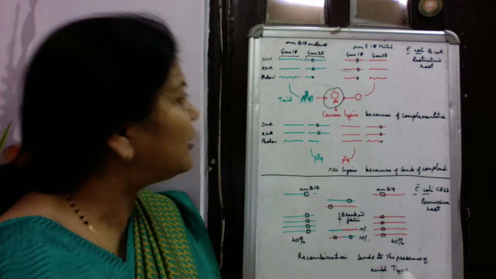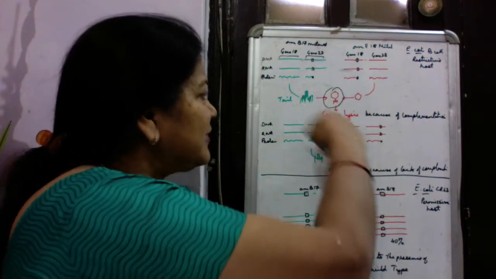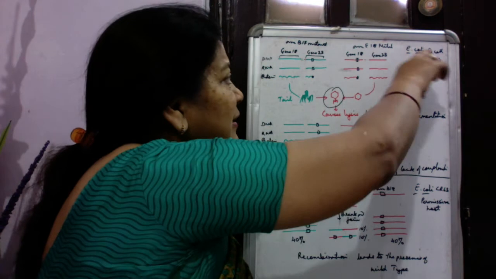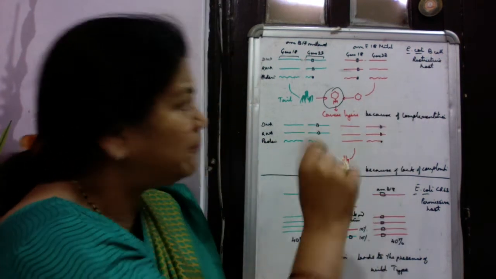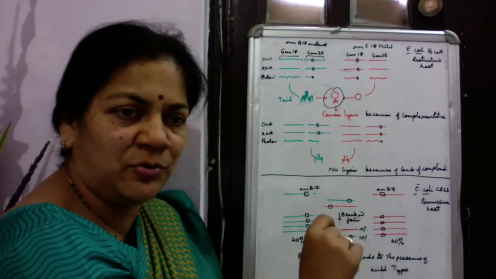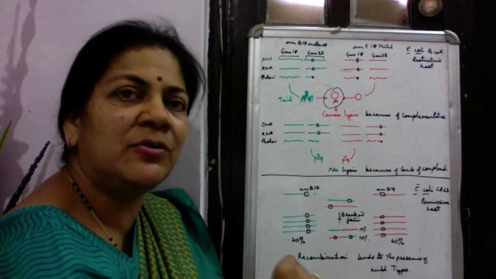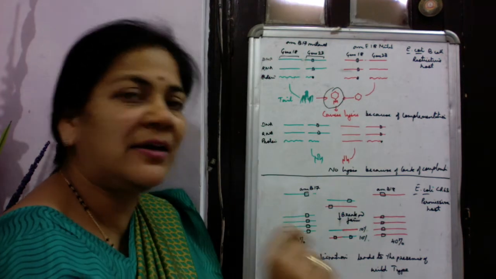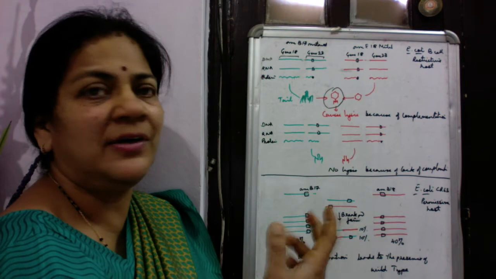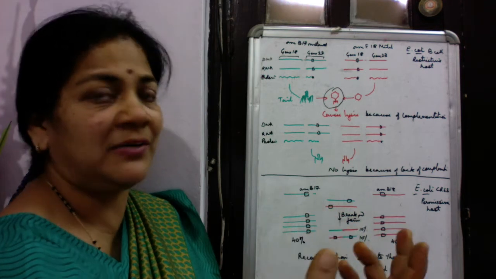Now, one thing you have to understand is that this experiment is done in an E. coli B cell. B cell is a restrictive host. The meaning of restrictive host is that it will only allow the wild type phages to grow. The mutant phages cannot multiply, they cannot grow.